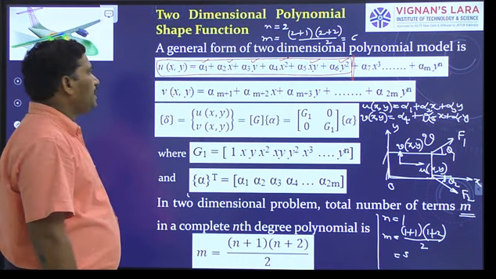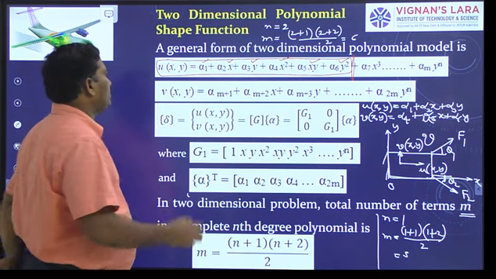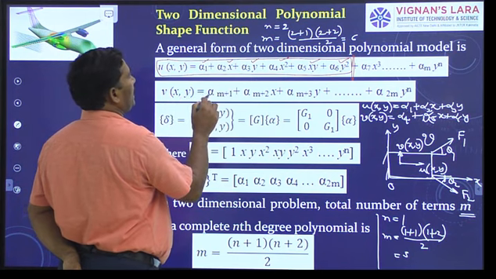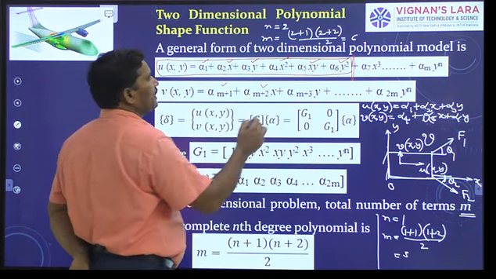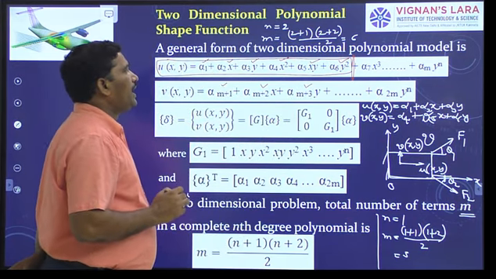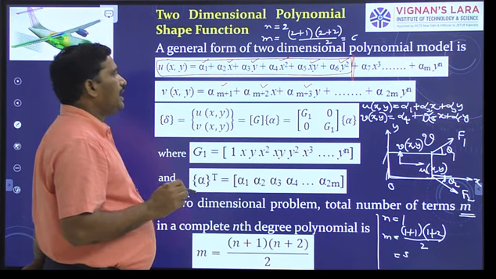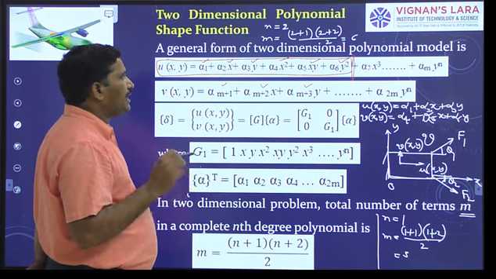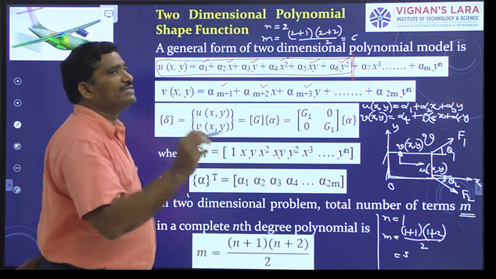Similarly, the polynomial for v when n equals 2, how do you get it? v equals alpha m plus 1 plus alpha m plus 2 into x plus alpha m plus 3 into y plus alpha m plus 4 into x square plus alpha m plus 5 into xy plus alpha m plus 6 into y square.